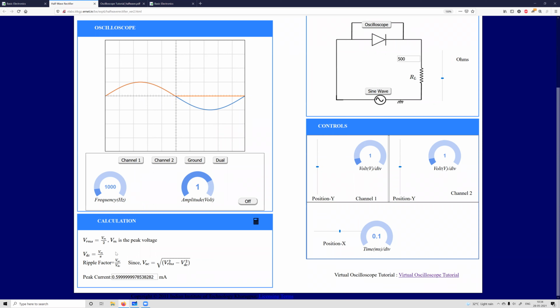Anyone wants to think why which one is correct? Answer is both are correct.